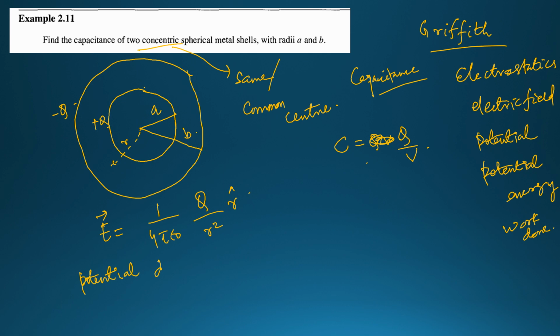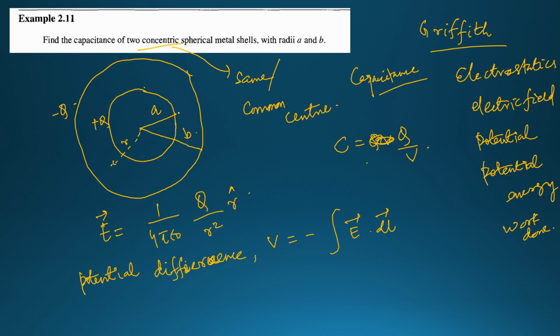We have charge Q. If we can find the potential difference, V is equal to minus integral of E dot dl. What is the capacitance of two spheres of radii A and B?